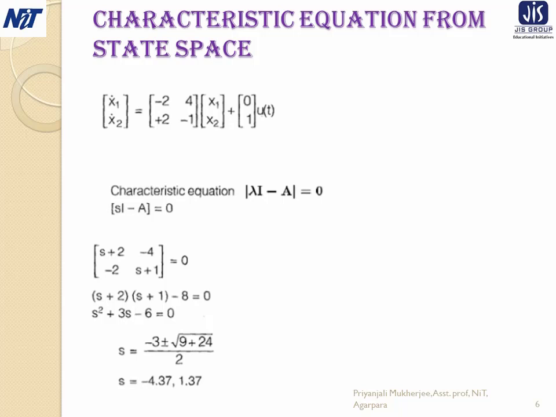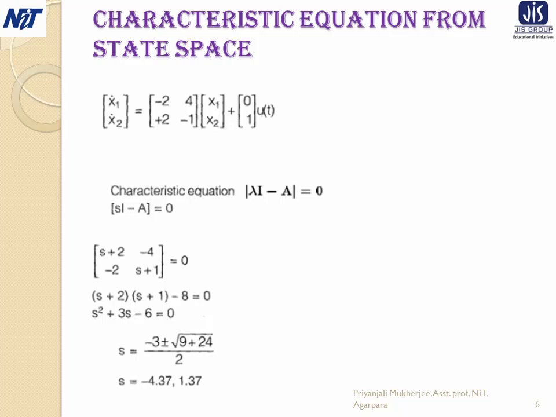So first we put the value of the A matrix, and then we find the equation by putting the values of A in determinant of lambda I or sI minus A, and then compare it with 0. In sI minus A, the identity matrix will have the same order as the system matrix A. Now this A matrix is 2 by 2 order, so the identity matrix will be 1 0 and 0 1.